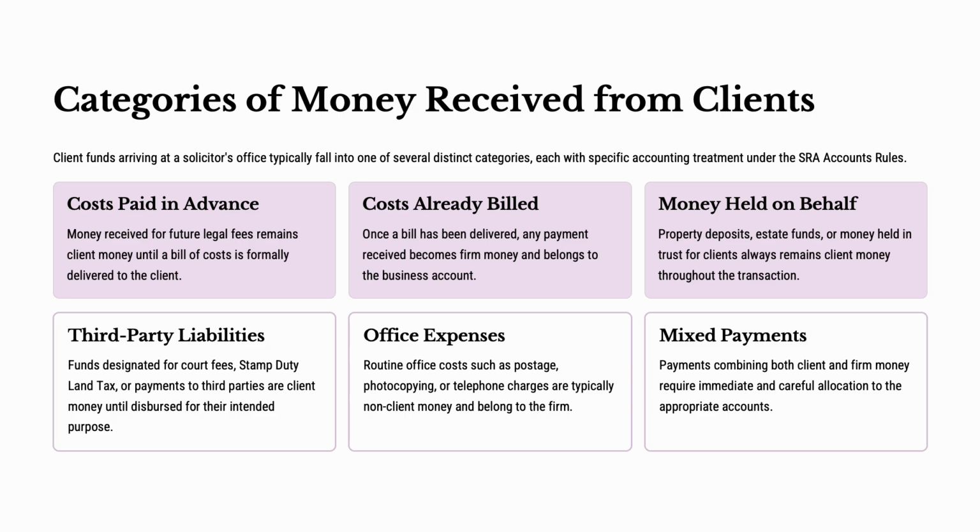Money held on behalf of clients, such as a property deposit or estate fund, is client money. Money for third-party liabilities, like stamp duty or court fees, is client money. Office expenses, such as postage or courier fees, are non-client money. Those are the firm's money. And then there are mixed payments, which contain both client and firm money. Think of it as a cocktail of funds that need careful separation.